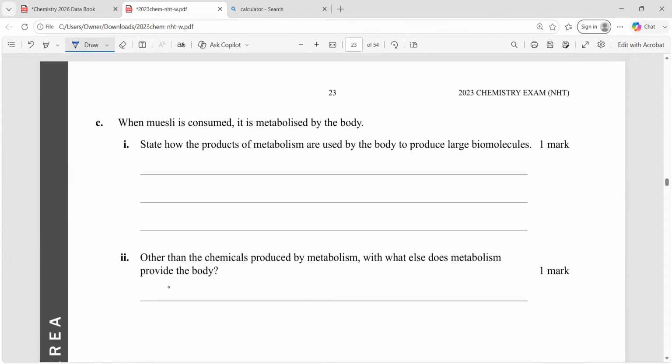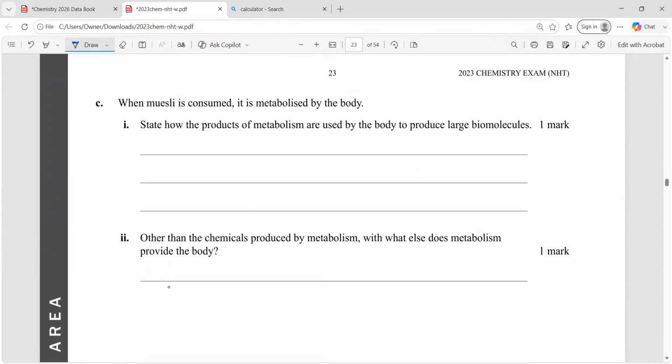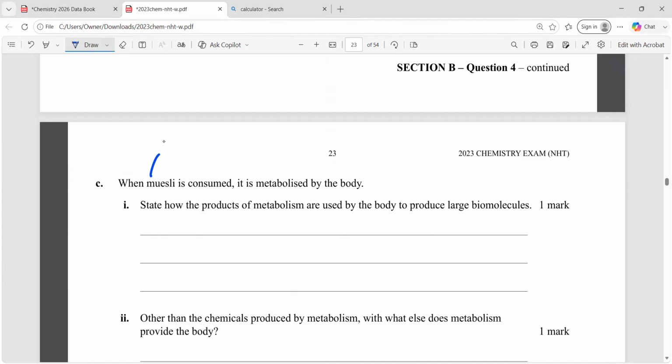State how the products of metabolism are used by the body to produce large biomolecules. So muesli, obviously, has protein, as we've mentioned, but also has carbohydrates.